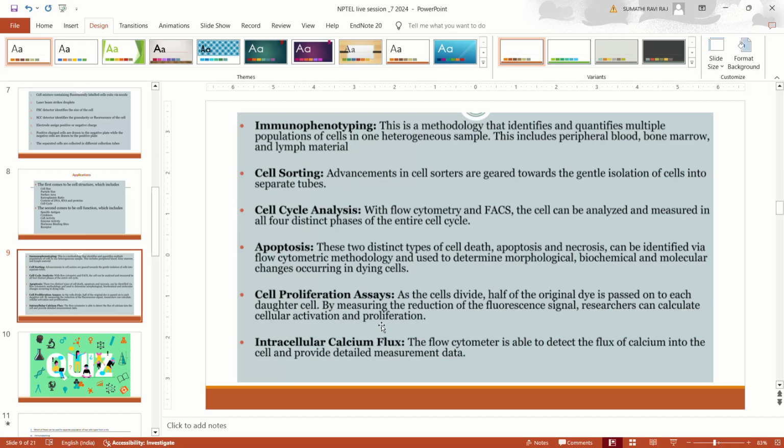This includes peripheral blood, bone marrow and lymph material. Then cell sorting. Advancements in cell sorters are geared towards the gentle isolation of cells into separate tubes. Cell cycle analysis. With flow cytometry and FACS, the cells can be analyzed and measured in all four distinct phases of the entire cell cycle.